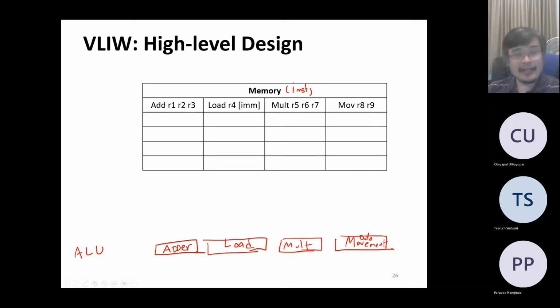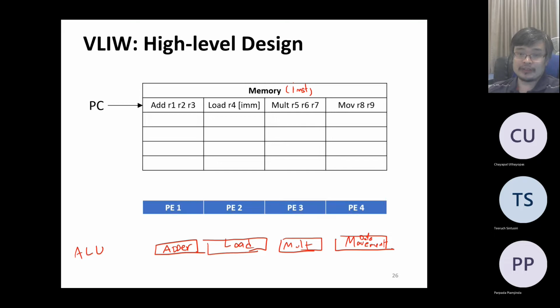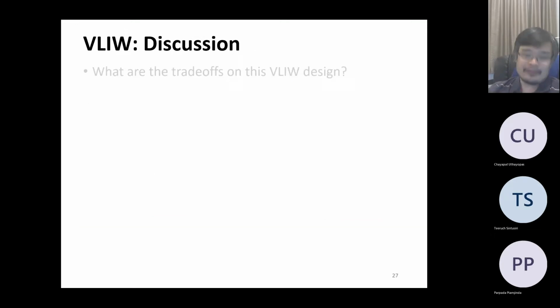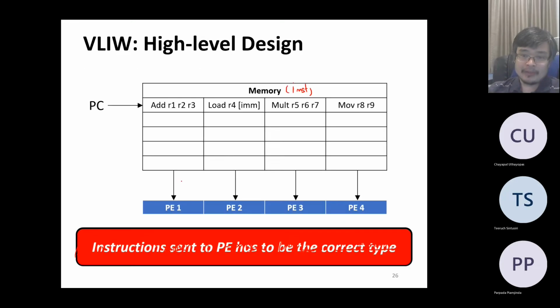So in that case, I need to make sure my compiler can have the first instruction be the add, the second be the load, the third be the multiply, and the fourth be the move instruction. And they will be fed directly to each processing element. Again, the downside here is that the instruction sent to the processing element has to be the correct type. For example, over here, it had to be the adder.